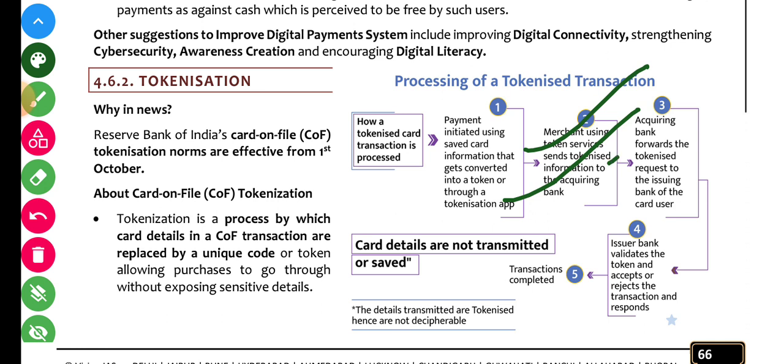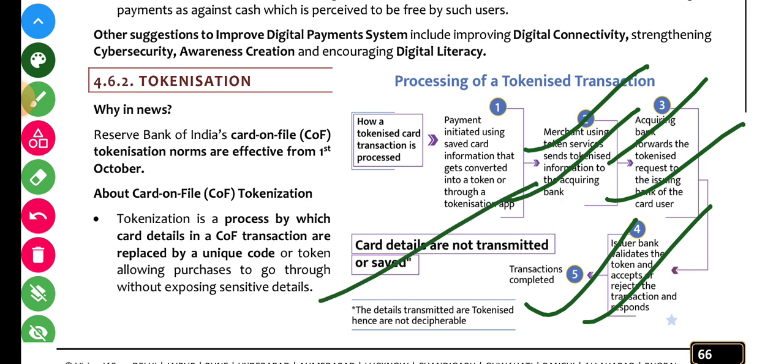Next, the acquiring bank forwards the tokenized request to the issuing bank of the card user. Next, the issuer bank validates the token and accepts or rejects the transaction. Then the transaction is successful. Card details are not transmitted or saved.